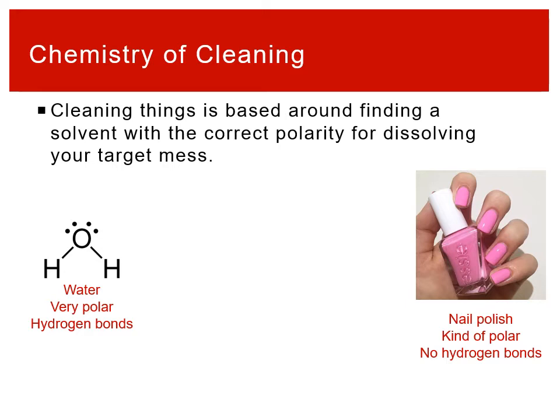So it's going to tend to dissolve things that are also very polar, especially solutes that can form hydrogen bonds. Something you may want to clean would be, for example, nail polish. Nail polish is kind of polar and the molecules that make up nail polish do not form any hydrogen bonds.